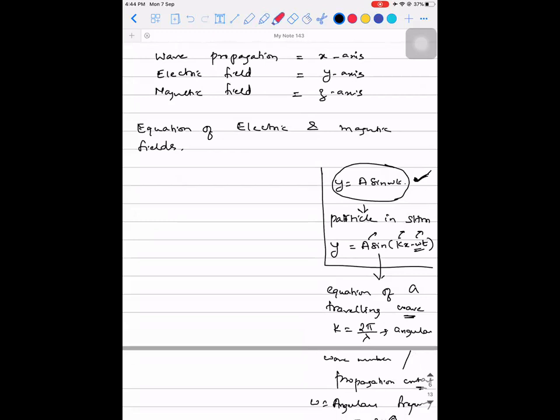Since we have said that the electric field is along the y-axis, observe the way I'm going to write the equation. Ey is equal to E naught sine of kx minus omega t, where x represents the direction in which the wave is propagating.